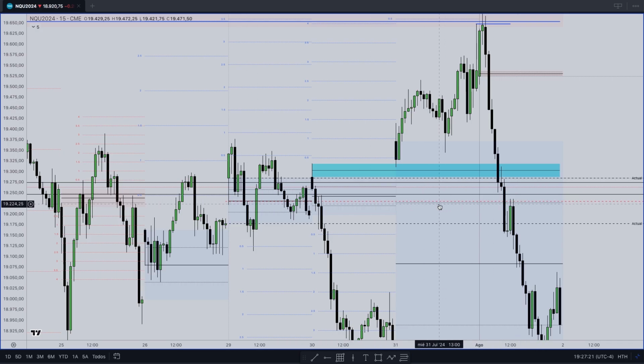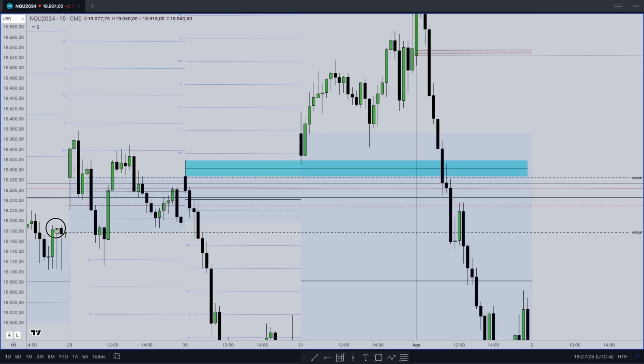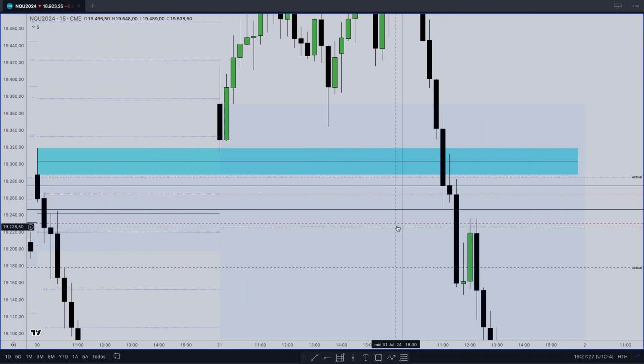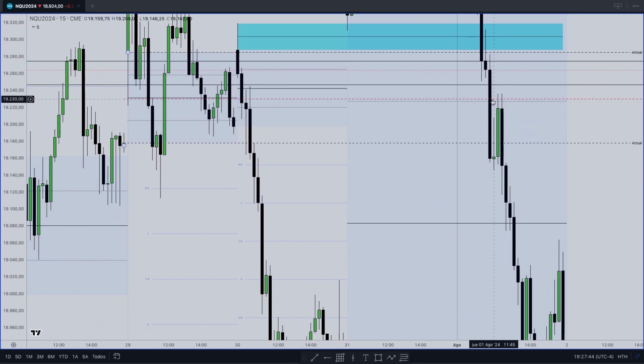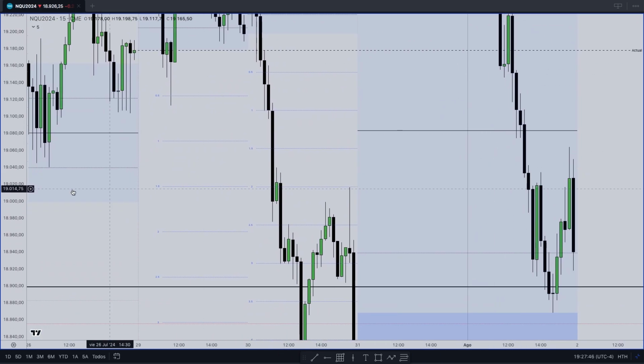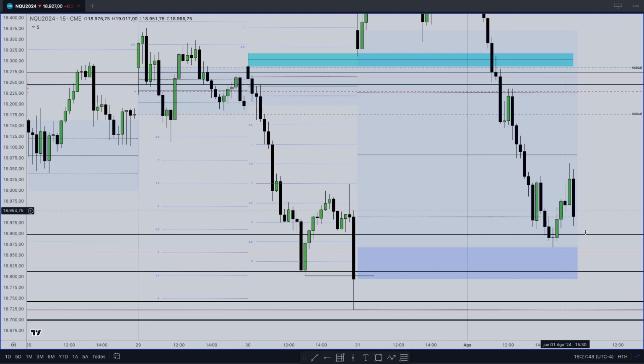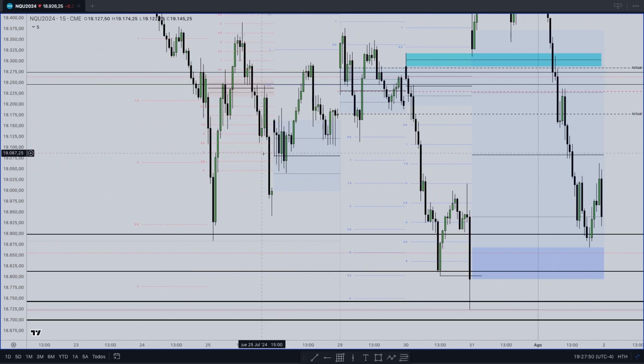Look, this line here is the upper quadrant, the 25% of the gap. So we have 25% of the gap, the consequent encroachment of the new week or actual opening gap. We close below this previous opening gap, come back again, and the price moves lower. Beautiful.